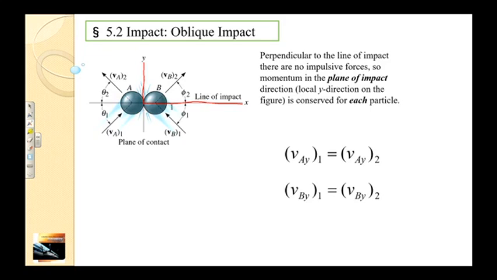Step 2, the plane of impact is tangent to both surfaces and through the contact point. So tangent to a straight line, that one's pretty easy. Hey, this is also tangent to the circle, and it's through our point. This is my plane of impact. My line of impact is perpendicular to this and through that contact point.